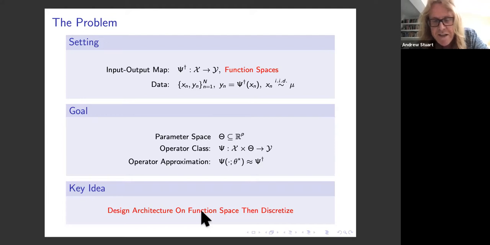And the reason why that's an important way of thinking, in my opinion, is that if you first discretize and then use standard methods, in this case neural network architectures, many of them will not be well adapted to the function space setting.